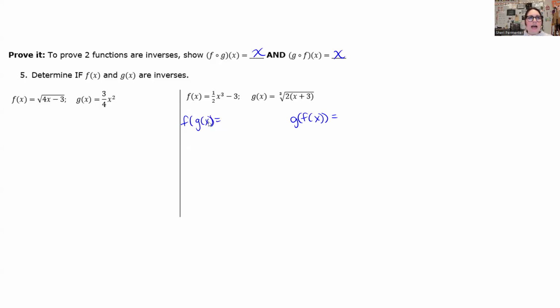To do this, I have to write the f function, and I have to leave myself a space where I've got the x. So I'm going to write 1/2, leave myself a space.